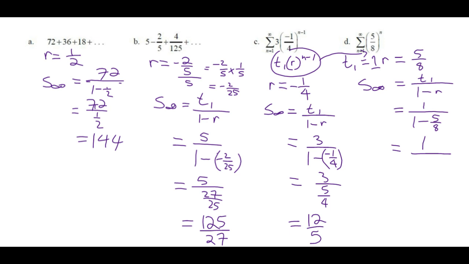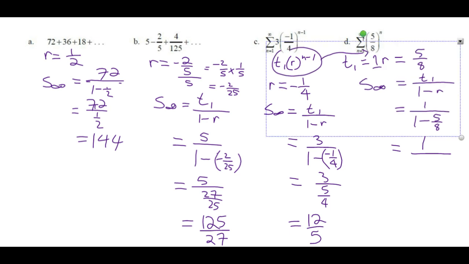Because when n equals 1, so what's t1 really? It's 5/8. And when n equals 1, that's the easier way to find it. When n equals 1 here, that's a 0. That was a general form. This wasn't a general form. So this is not of this form. All right, so t1 is 5/8.